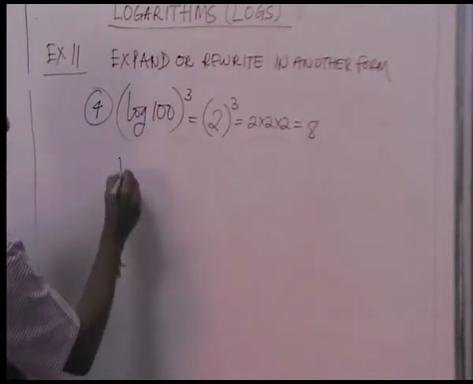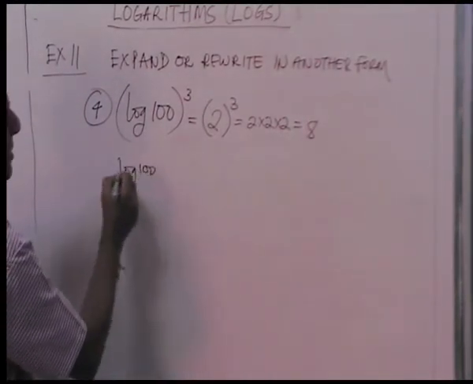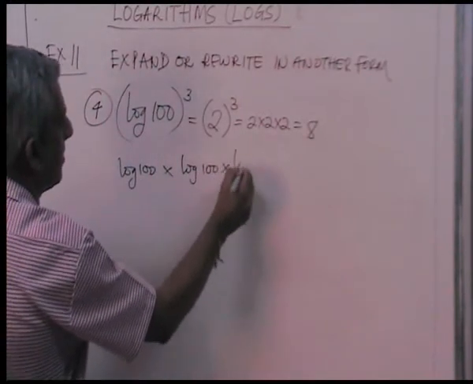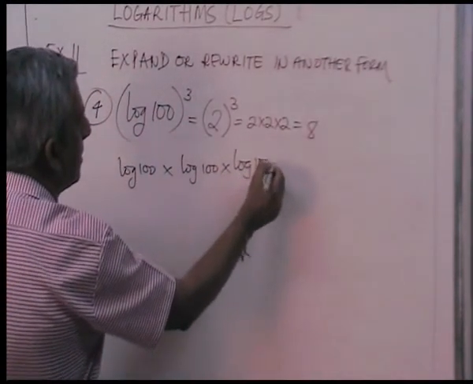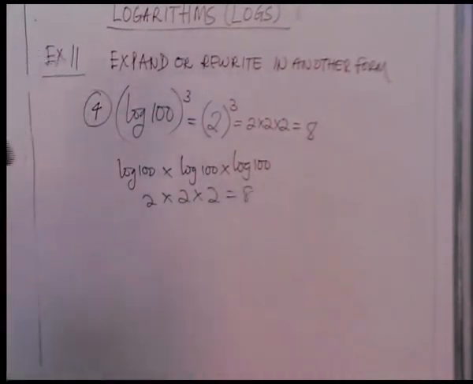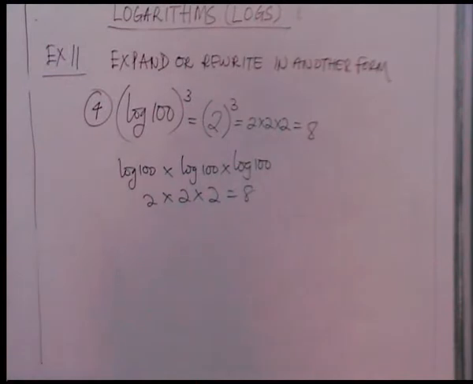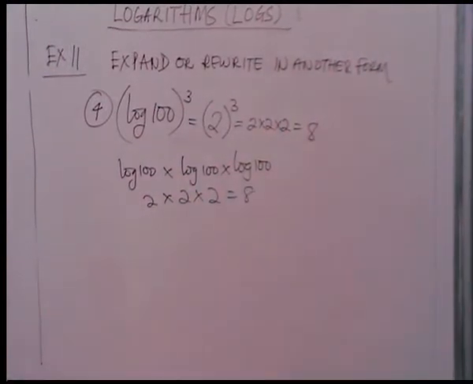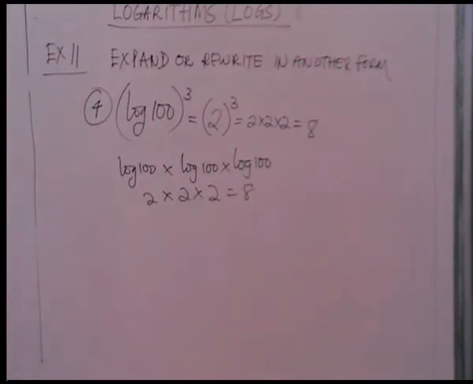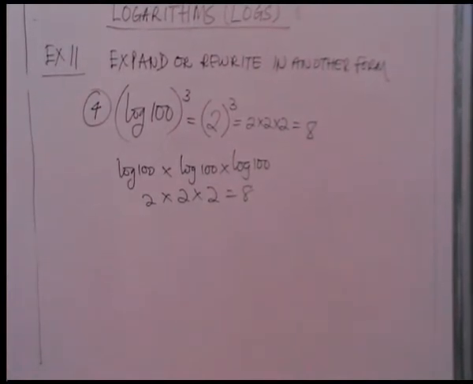Or if you wanted, you could have written log of 100 times log of 100 times log of 100, which gave you 2 times 2 times 2, which still gave you 8. But you have to be very, very clear that the 3 was not an index on the 100. It's the whole thing that is cubed.